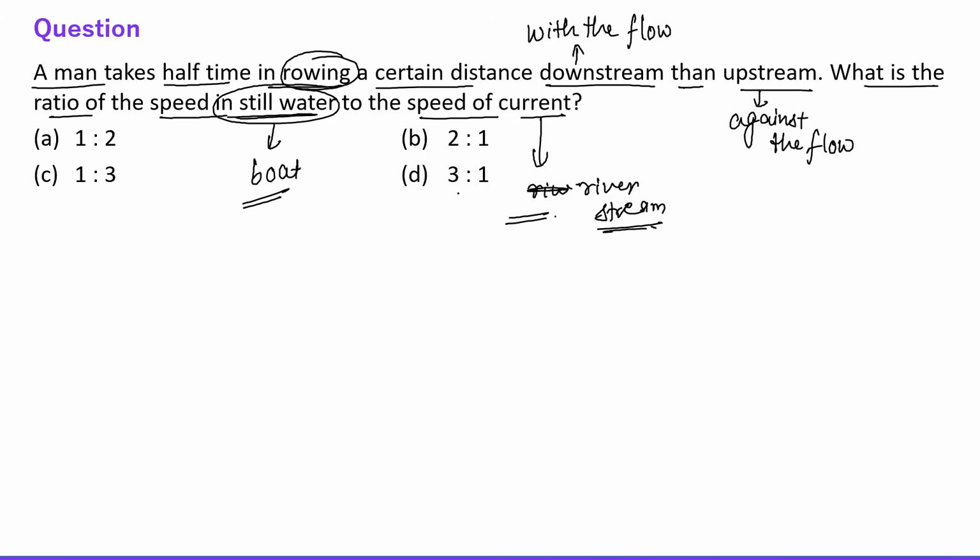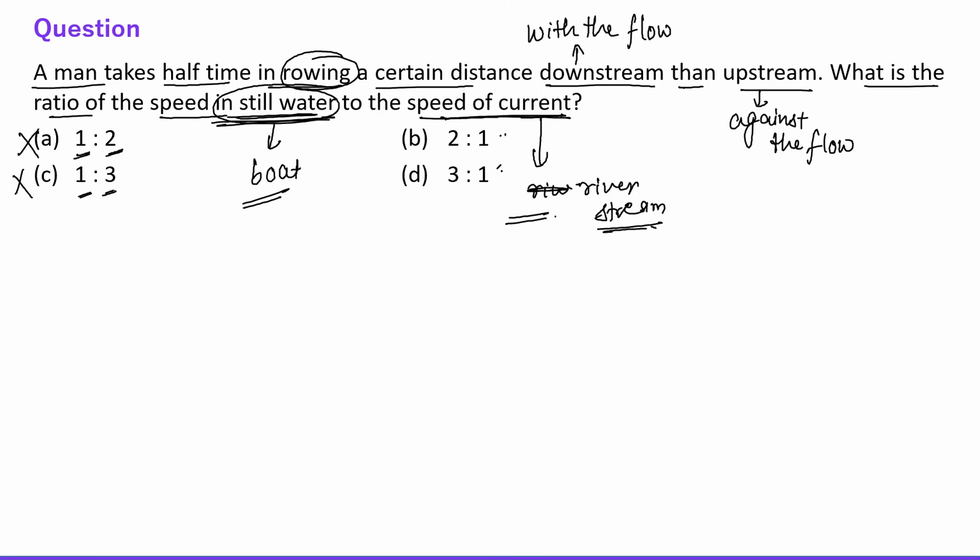The question asks for the ratio of the speed of the boat in still water to the speed of the current. So obviously the first ratio term will be more than the second ratio term. So options A and C are not correct, because there the first term is not more than the second. Only options B and C may be the correct choice, so one of them will be the correct answer.